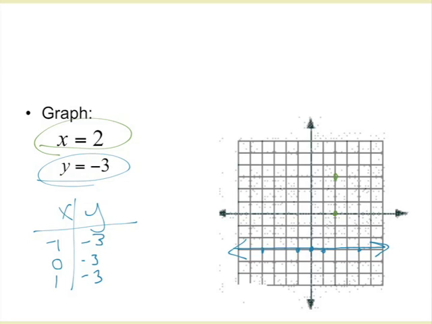So no matter what, if I go over 2 spaces and then connect all those points, I'm going to end up with a vertical line. So a y equals has to cross the y-axis, which is going to make it horizontal. And an x equals has to cross the x-axis, which is going to make it vertical.